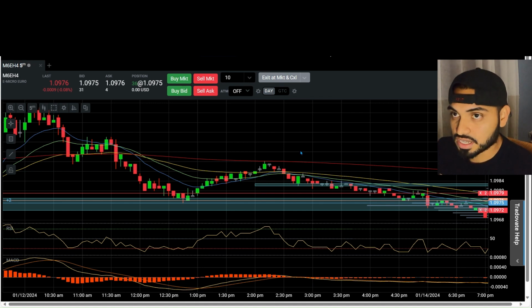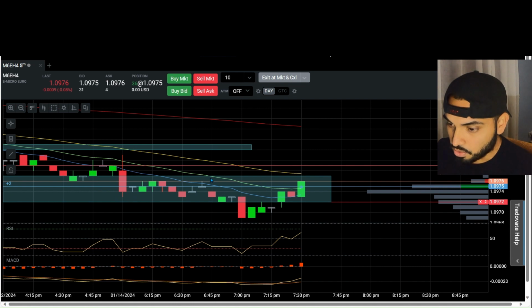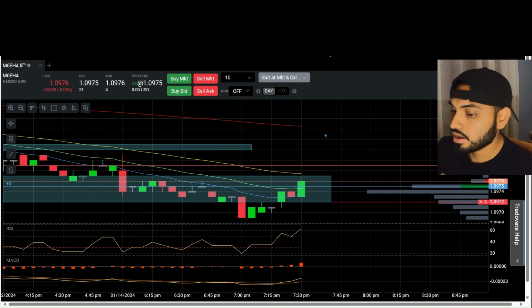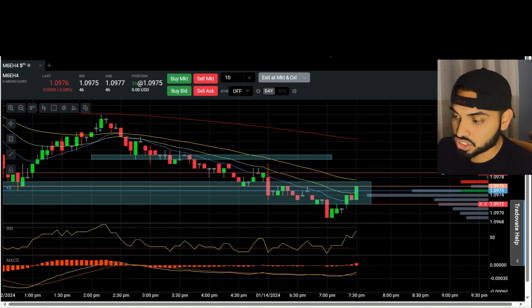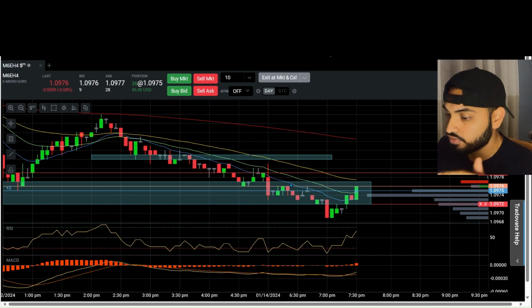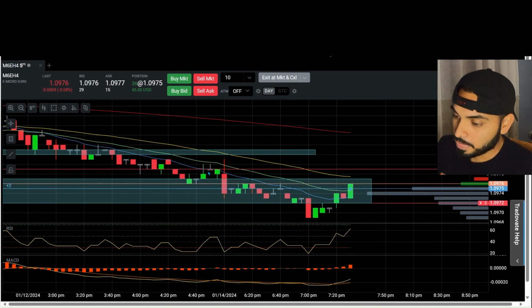So those are the three setups that I take: 1348 cross, or A setup playing the EMA bounce, or an exhaustion of the play, which what I look for is for the EMAs to be very overextended, RSI very oversold, and that's what I call an exhaustion play.